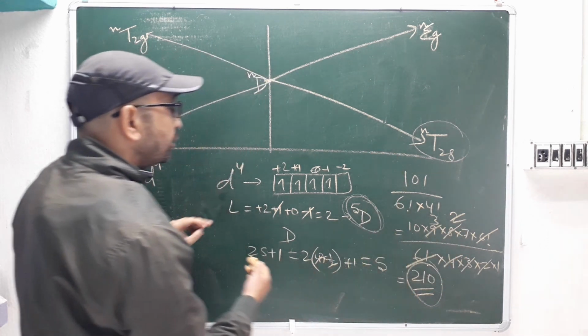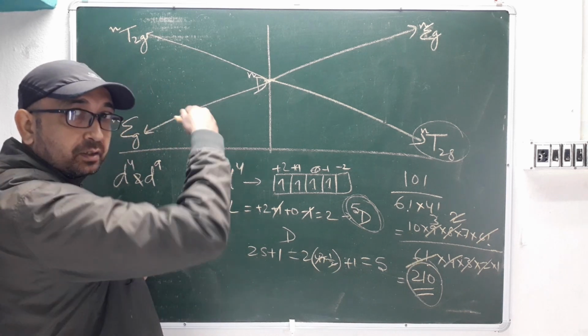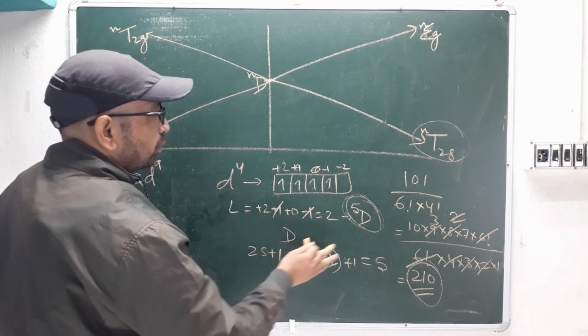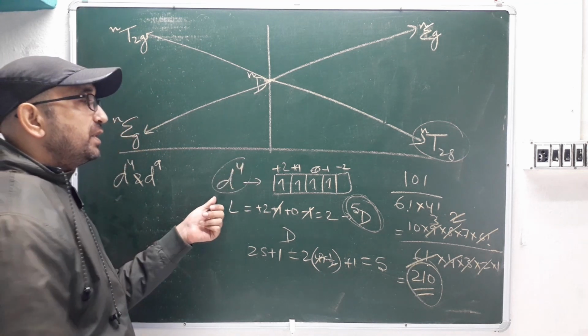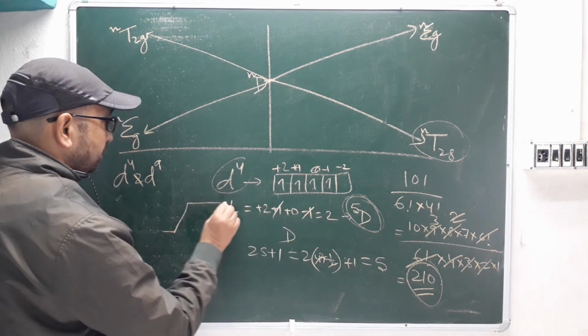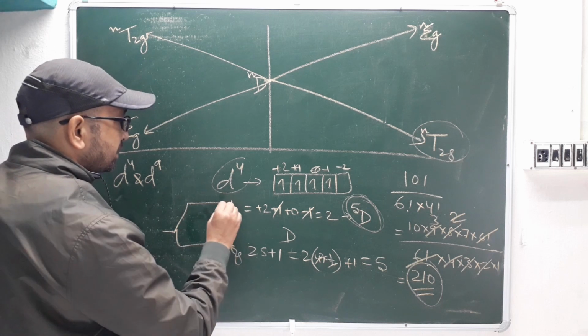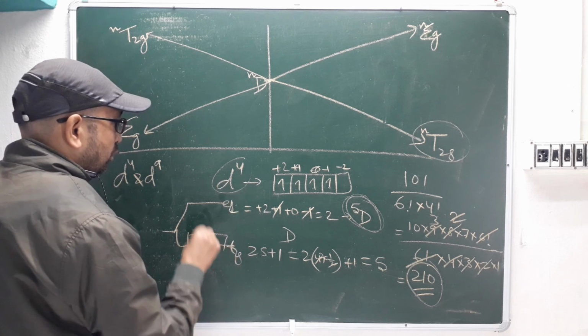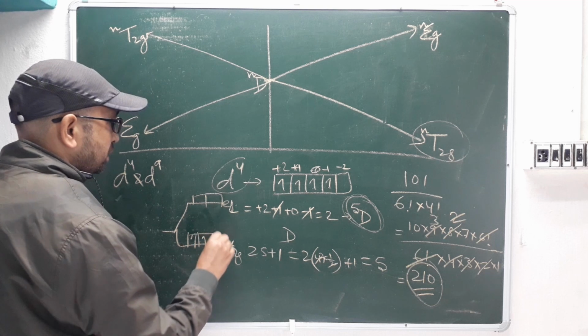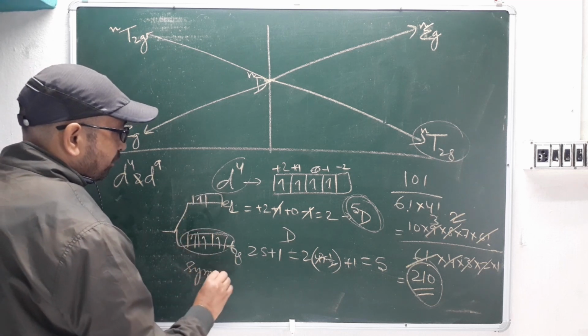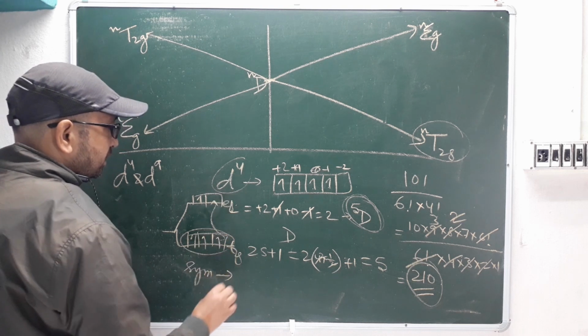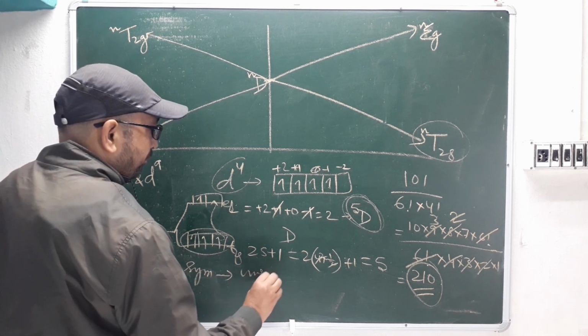Now we have to find the spectroscopic term, right? The transition, from where to where it will go. So this is 5D and now this is d4. D4 means if any electron is going, just do it like this, t2g, eg: 1, 2, 3, 4. Now you just see, this is symmetric, okay? And we know that from symmetric, if any one electron is getting promoted, then it will form unsymmetric.